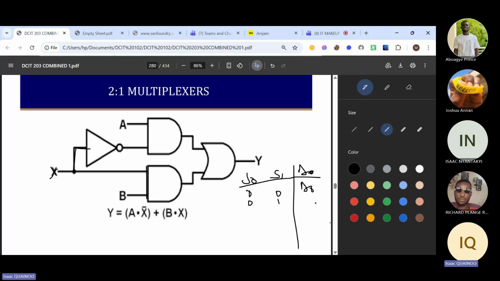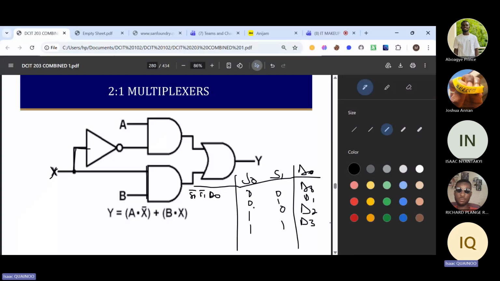And if your S0 is 0 and S1 is 1, D1 will be selected. If you have 1 and 0, D2 will be selected. And then if you have 1 and 1, then D3 will be selected. Okay. So if you want to write the logical expression for this, for D0, we are going to get S0 prime, and then S1 prime, because they are both 0, 0, then your D0 will be selected.